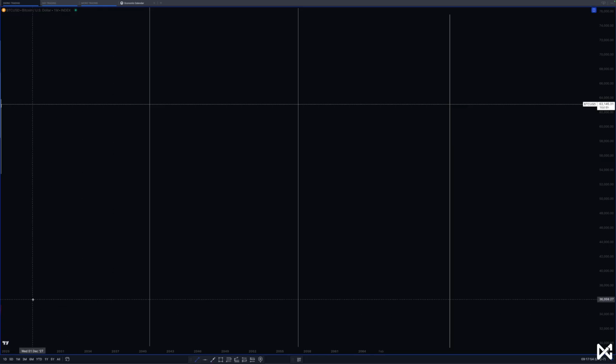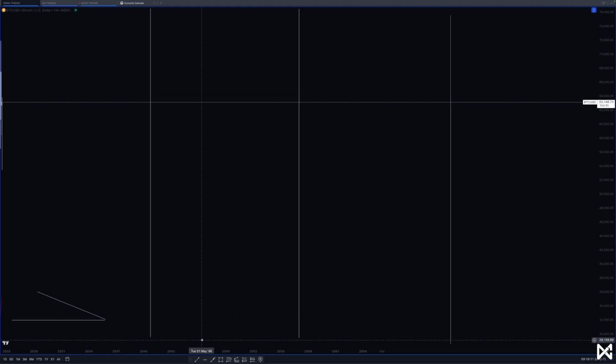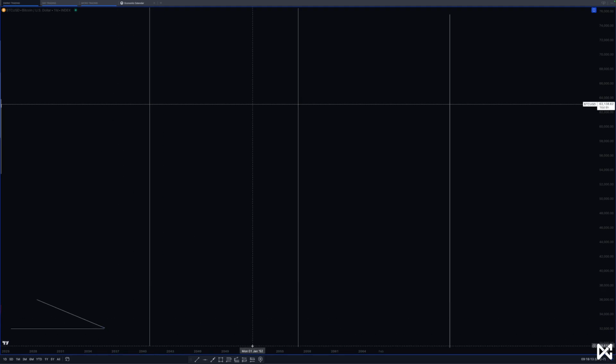So I typically trade advanced breakouts off of descending triangles. You can trade them off of any type of price action pattern, being double tops or double bottoms, triple bottoms, head and shoulder patterns, falling wedges, many different ways to trade ABOs.